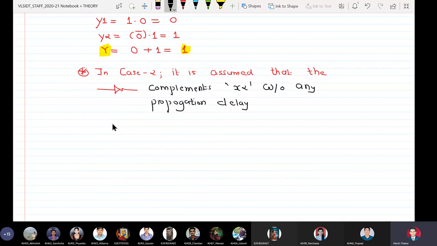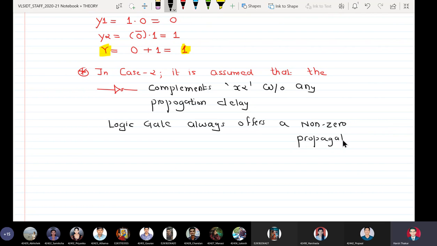So we should understand that a logic gate always offers a non-zero propagation delay, where tD is not equal to 0.